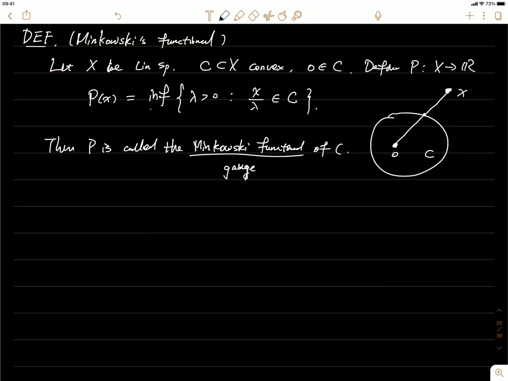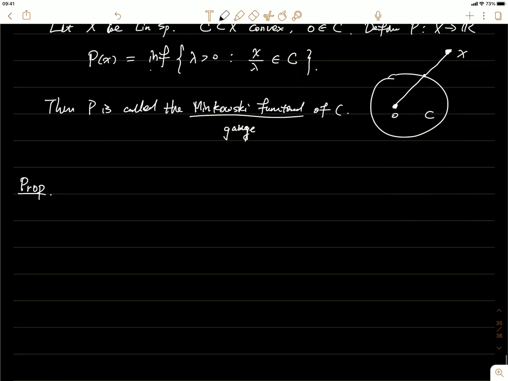Apparently when we define this, it has several interesting properties that we can use later, so I'm going to list some of them here. Again, let X be a linear space, and C be the convex subset of X containing 0, as we set up above.